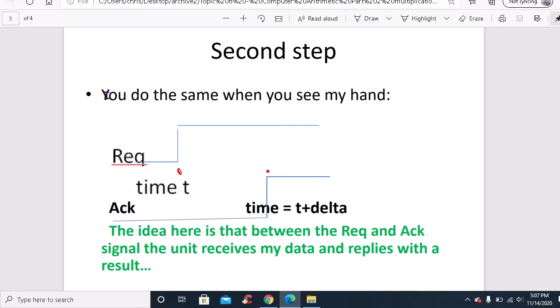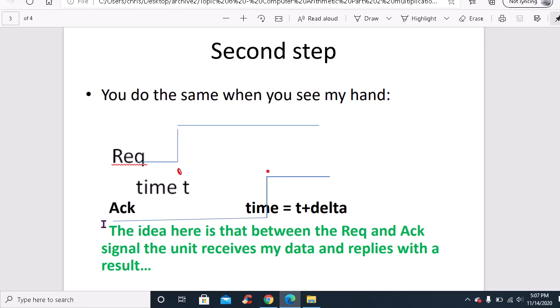And you will do the same thing when you see my hand. So at some time t, I send my signal to you, the red dot, and keep it at logic 1.